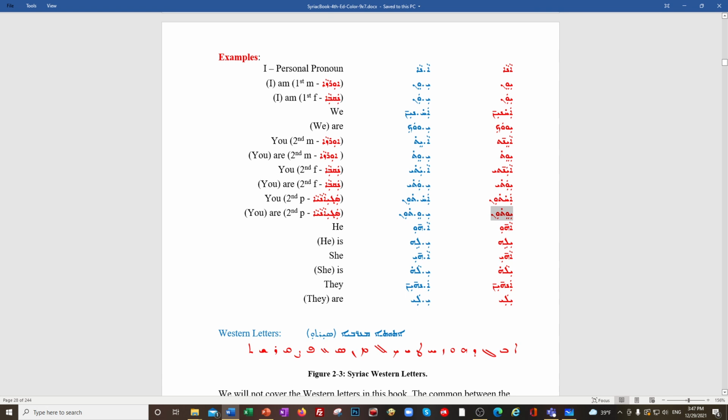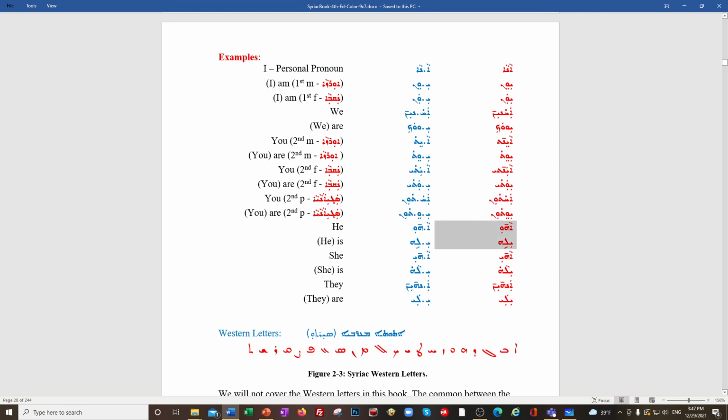Iwtun. Akhtun iwtun, you are, you're talking to the group, mixed or same sex of male or female. Okay, so you're going to say akhtun iwtun.